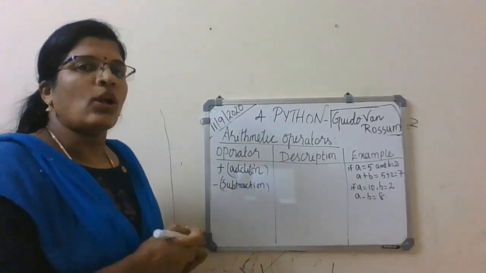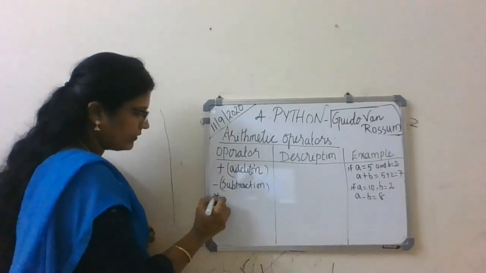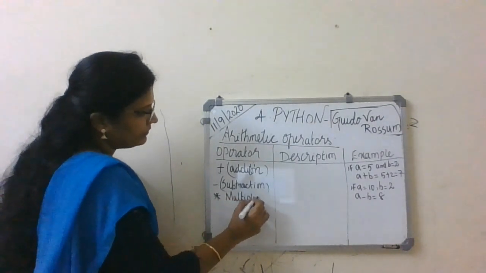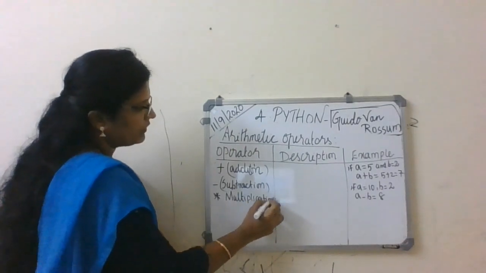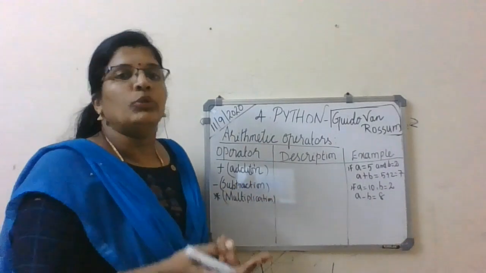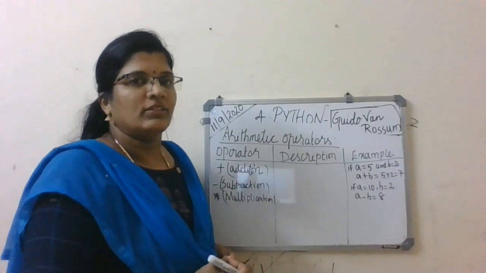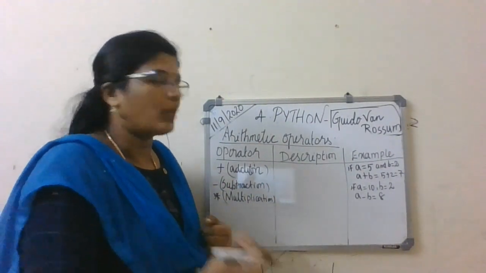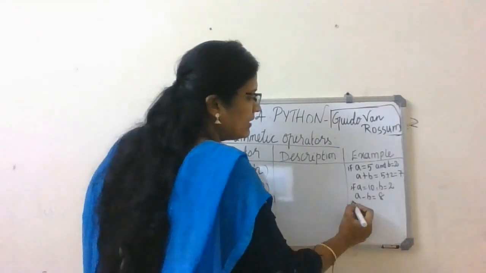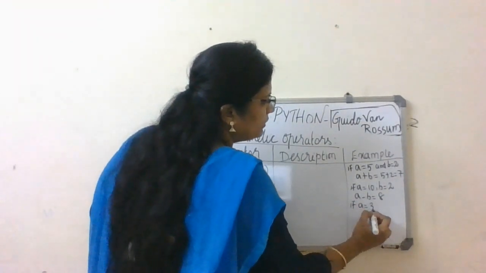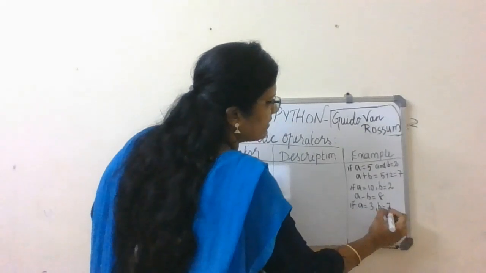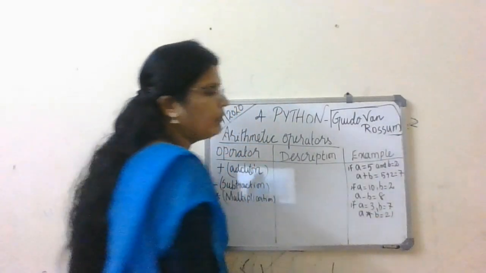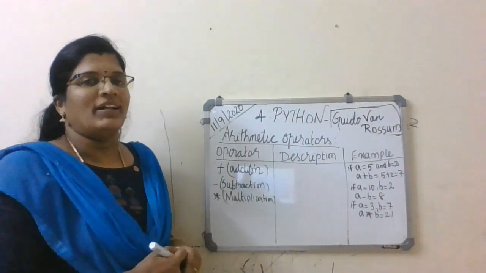Then the third operator is the multiplication operator, to multiply two numbers and give the product. If A is equal to 3, B is equal to 7, A into B is equal to 21. We will get the answer 21.